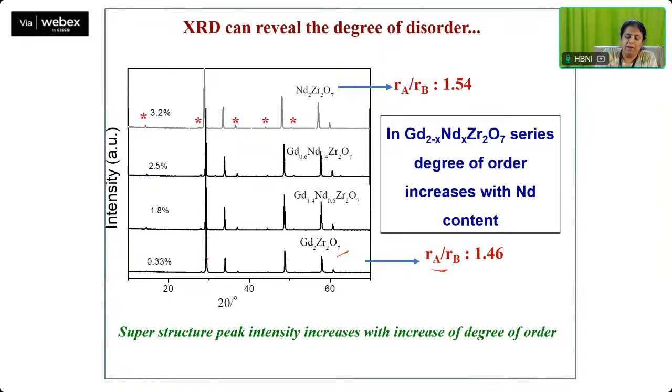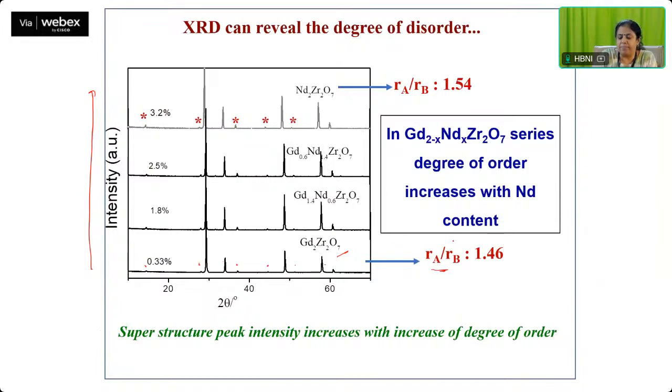Now you see that the main peaks are all similar, because the basic lattice is fluorite, but pyrochlore is a superstructure of fluorite. And how is it manifested? These big peaks belong to fluorite, and these small peaks that you observe here, if you are able to see this, correspond to the pyrochlore type of structure. And as I am substituting Nd, I'm going in this direction.